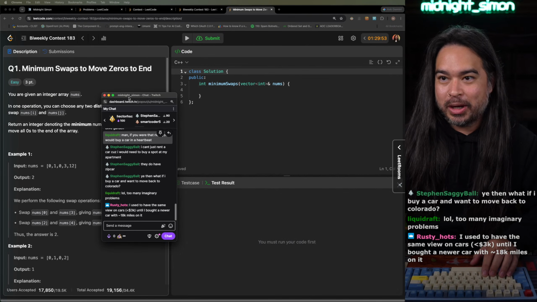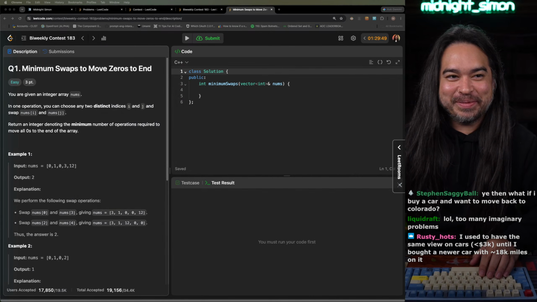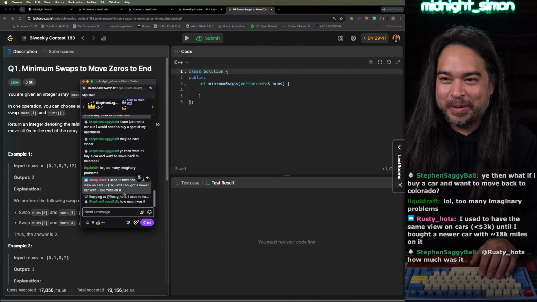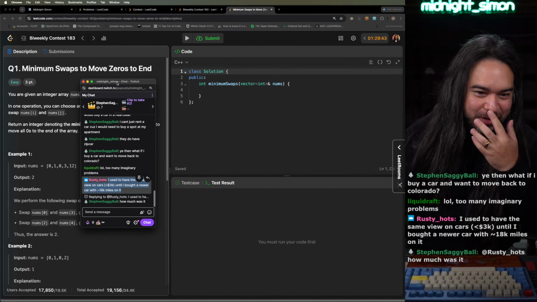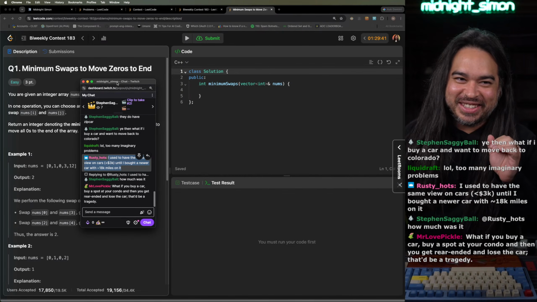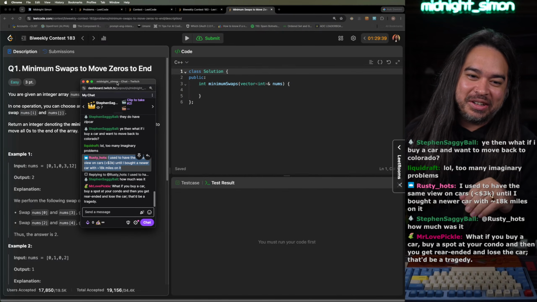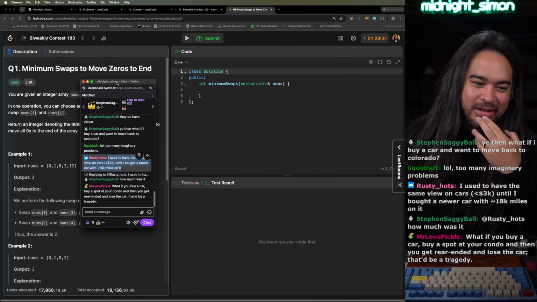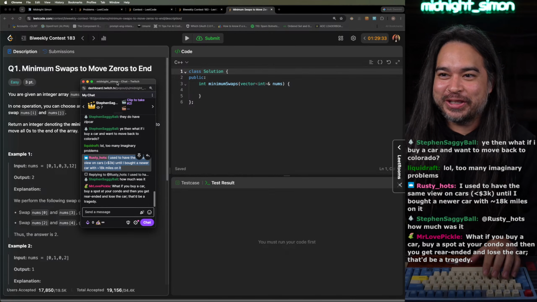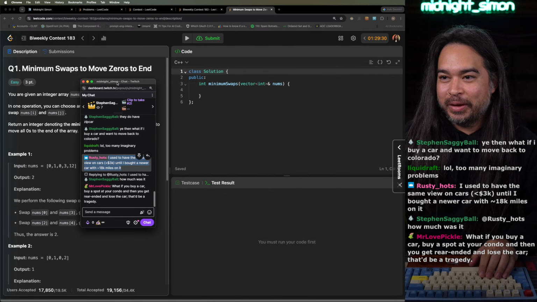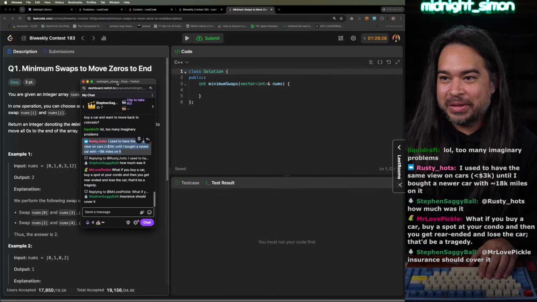Rusty Hots, what's poppin'? I used to have the same view on cars until I bought a newer car with 18,000 miles on it. Man, I think even if I bought a car that was like $30,000, $40,000, I'd still feel like, dang, I could have done so much more with my money from a car that I only drive to the grocery store, you know? What if you buy a car, buy a spot at your condo, and then you get rear-ended and lose a car?